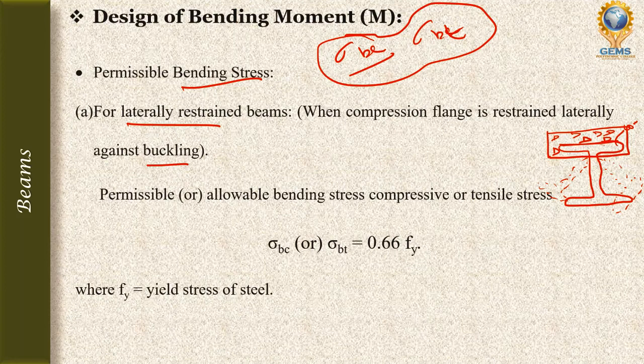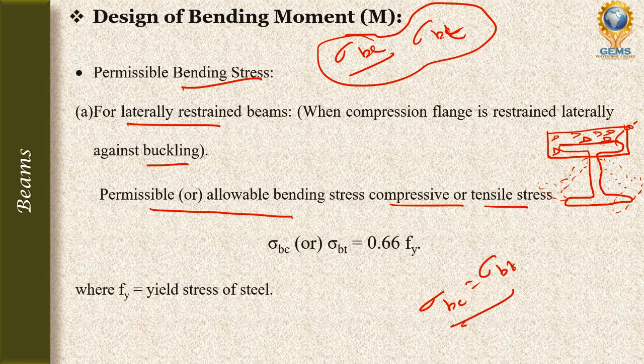If our beam is a laterally restrained beam, then the permissible or allowable bending stress for both compression and tension will be the same.